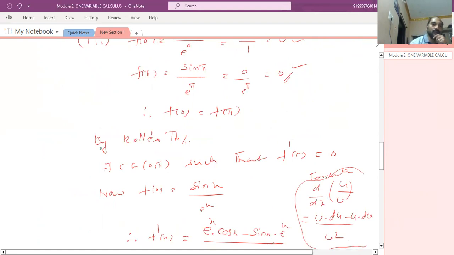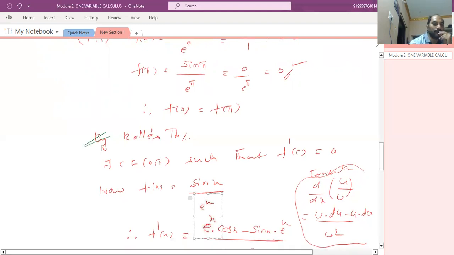They ask the question: using Rolle's theorem for the given function f of x equal to sin x by e power x, find the value of x between 0 and pi where f dash x equal to 0.